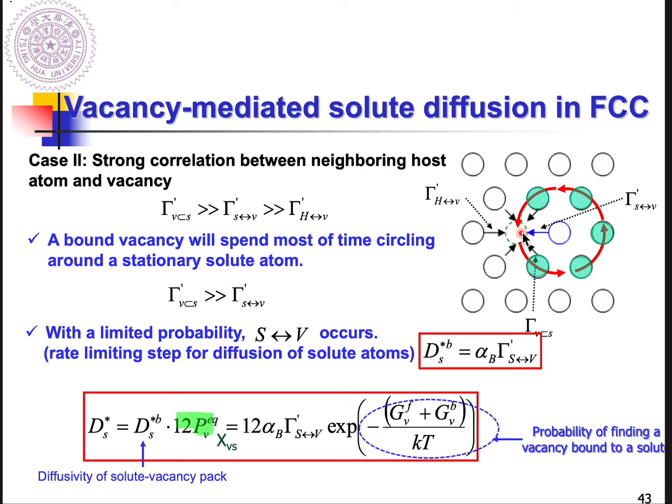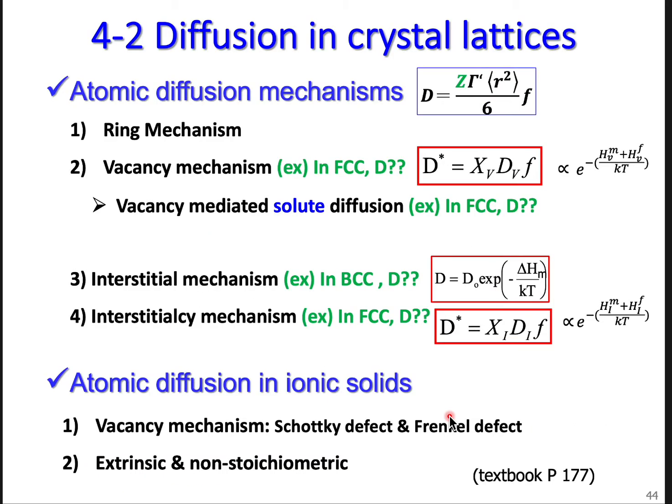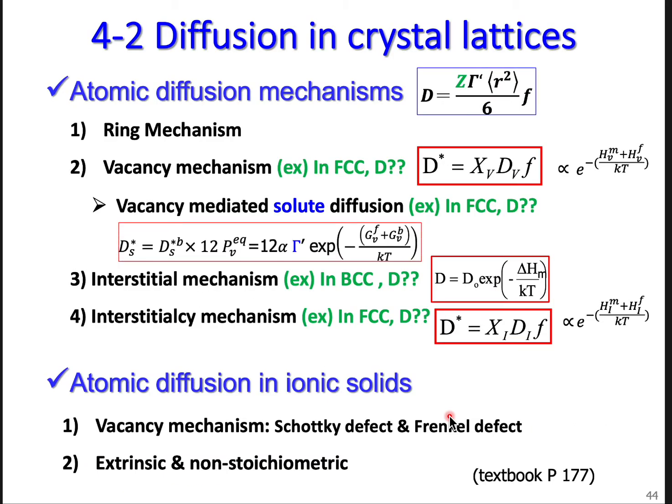So you need to have a vacancy, and the other one is that the vacancy needs to bind with the solute atom, which is a binding energy term. Okay, so let me give you a quick summary here.